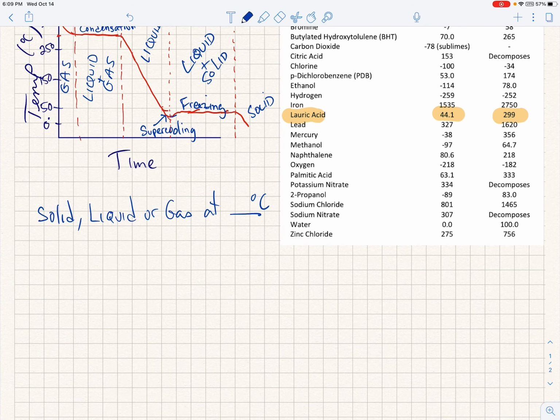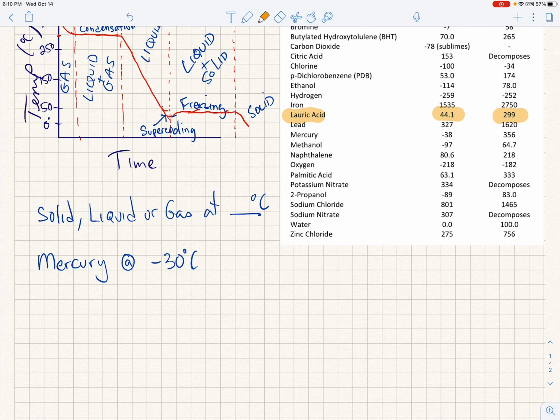Let's do a couple of examples. Suppose you have mercury, that's one of the substances on the chart, and let's give it a temperature. Mercury at, let's say, minus 30 degrees Celsius. What would be the phase, solid, liquid, or gas, for mercury at minus 30 degrees Celsius?